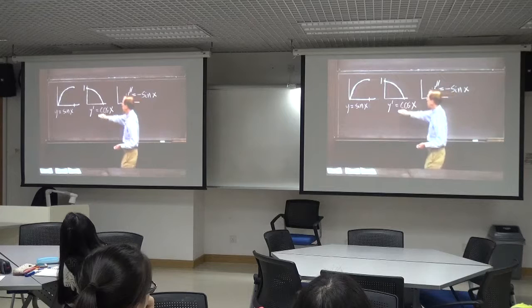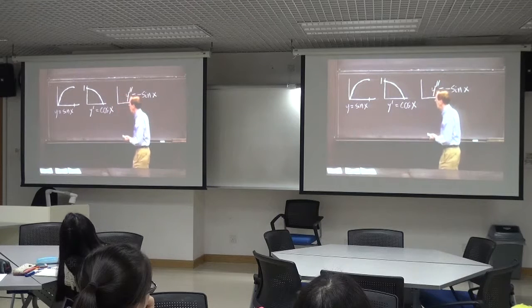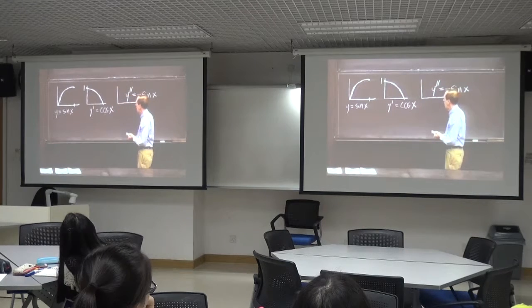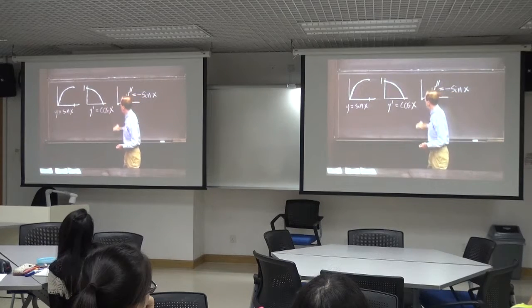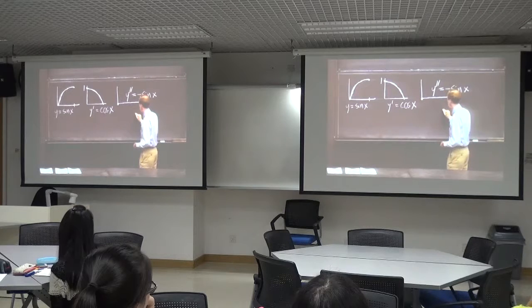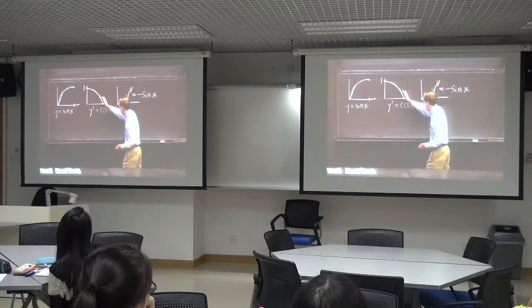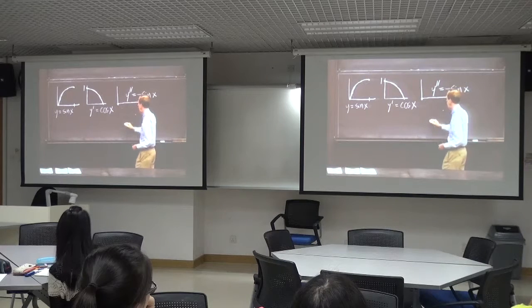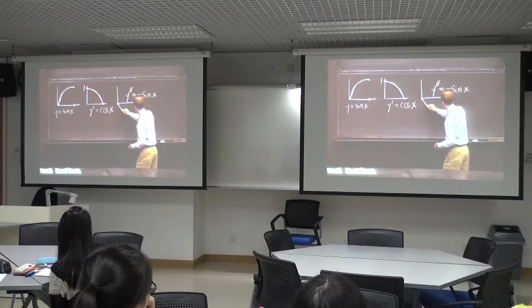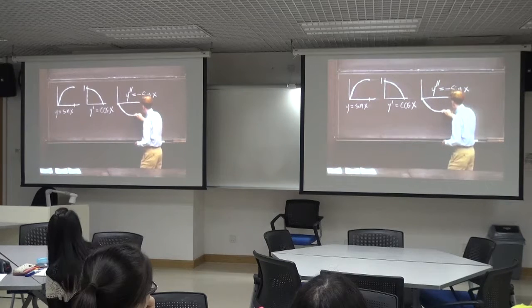So the slope starts at 0 and ends at minus 1, because that now comes down at a negative slope. The slope is negative, I'm going downhill, and that's a graph of the second derivative.